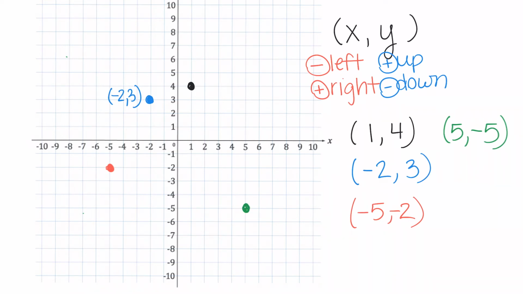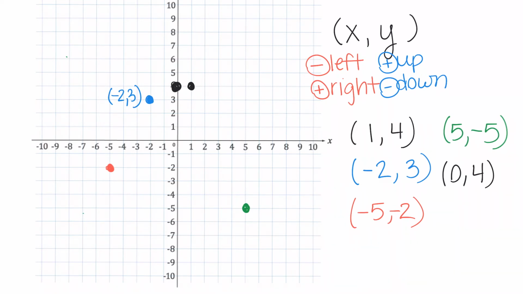Now there's one other type I want to talk about that's a little bit tricky. What about this? What if we have (0, 4)? What does that mean? So don't let this confuse you. Start at the origin, and it's saying our x is 0. So do I need to go right or left? Nope, I'm going to stay right here. I'm not going to go right or left at all. I'm just going to go up to the 4, and I'm going to plot a point right there on the y-axis.